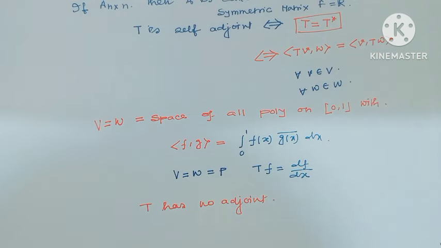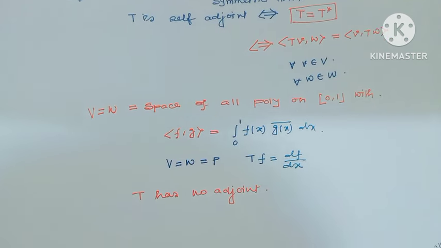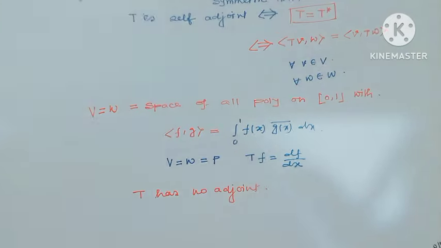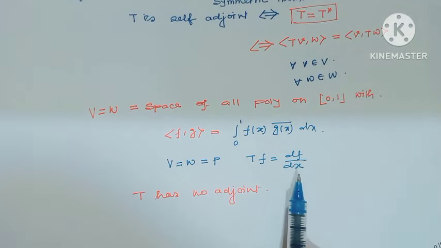The example: consider V and W equal to the space of all polynomials on [0,1] with inner product of f with g equal to the integral from 0 to 1 of f(x) g(x) bar dx. Here the operator is defined as the differentiation operator.